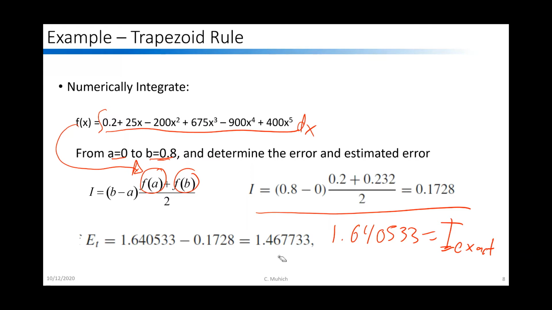So what we can see is we're relatively far off. I can put this in terms of a percent by dividing by that 1.64. When I do that, I find that I have a 90% error in my estimate for this integral.